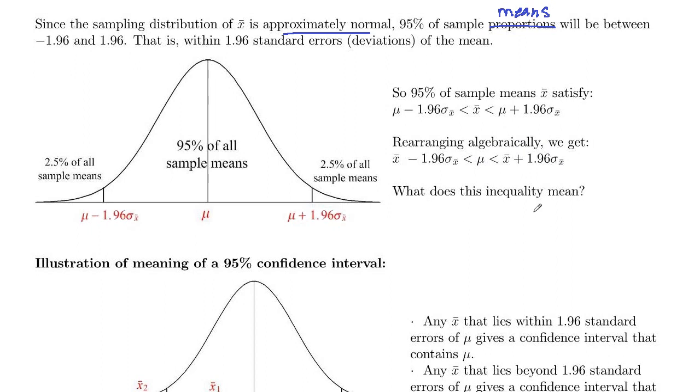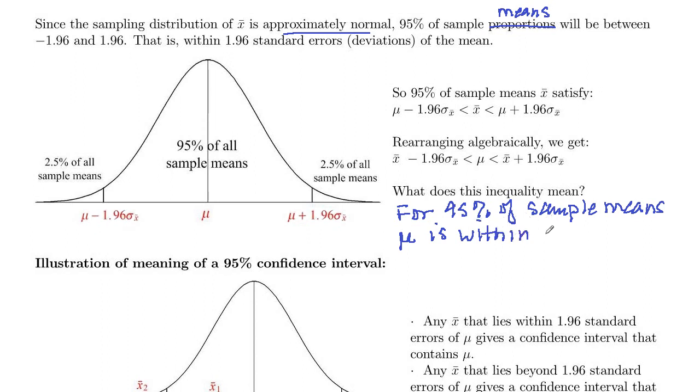So what's that inequality saying? That's saying that for 95% of the sample means, mu, the actual population mean, is within 1.96 standard deviations of that x bar value.